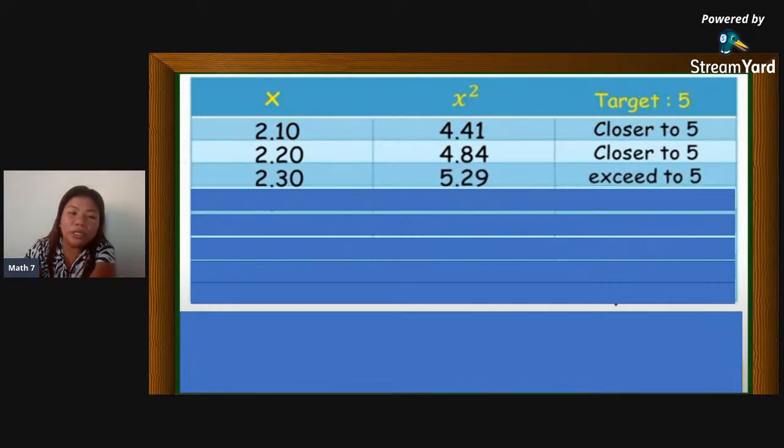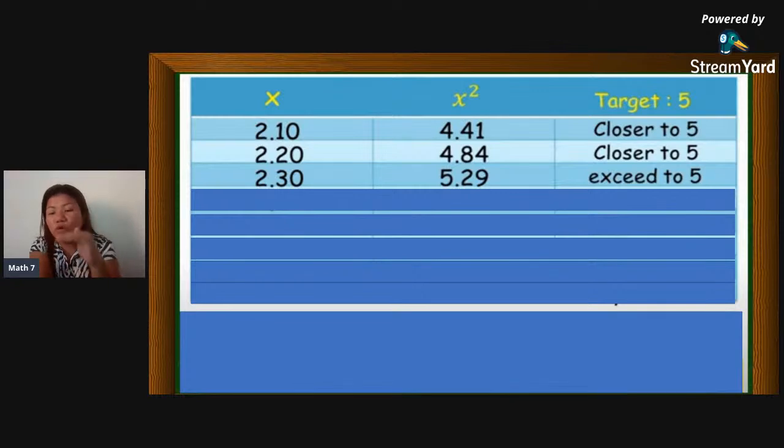Next, 2.30 times 2.30, ang square niya ay 5.29. Mas mataas siya sa 5. Okay? So, yung dalawang nauna, 2.10 at 2.20, malapit siya sa 5.